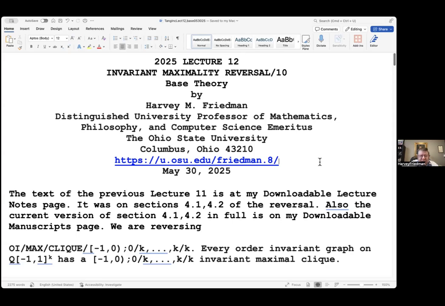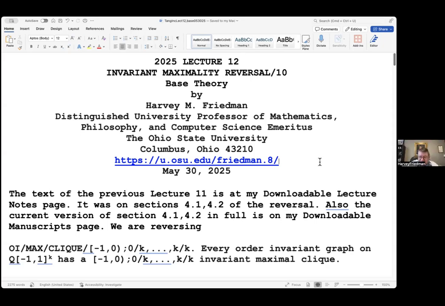All right. So today is a discussion of the base theory for the reversal, which takes some discussion, and also the result that ZFC, and in fact any fragment of SRP, isn't enough to prove every instance of the reversal statement on dimension.